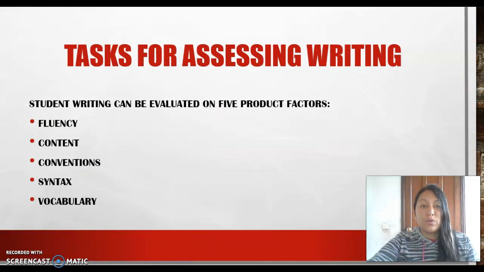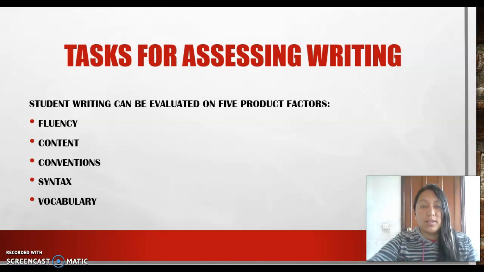Like I told you before, this time I'm going to concentrate on assessing writing. So we know different ways that we can evaluate our students in writing. The students can be evaluated on these five factors. First, the fluency, the fluency that the students have when they are writing. They can have a lot of vocabulary in this.